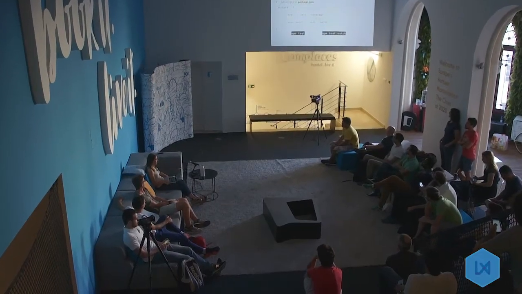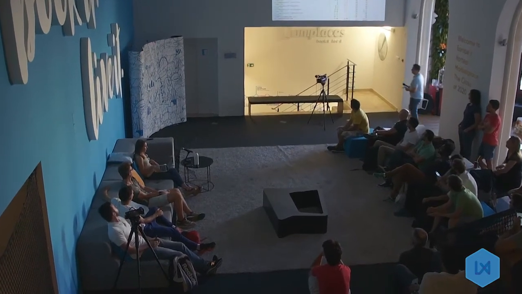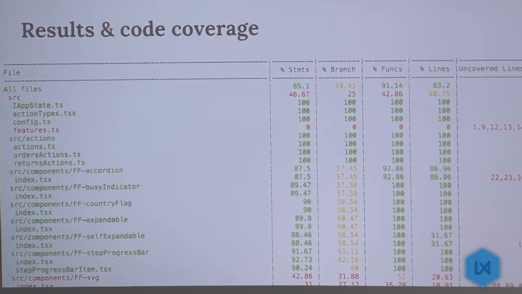To run the tests, all we have to do is type npm test, and Jest will look for all the files that end with .test.js or .spec.js. Jest also comes with a great feature, which is code coverage, and it will look like this. Green means we have code coverage above the threshold, which is 80%.